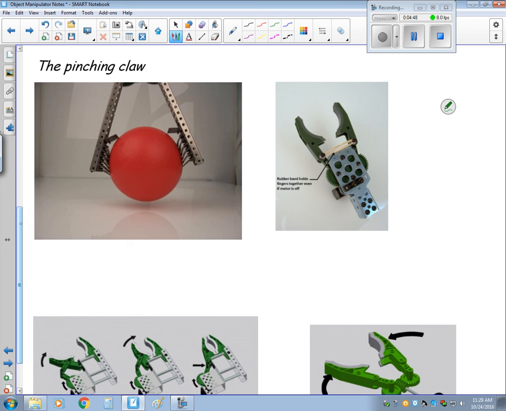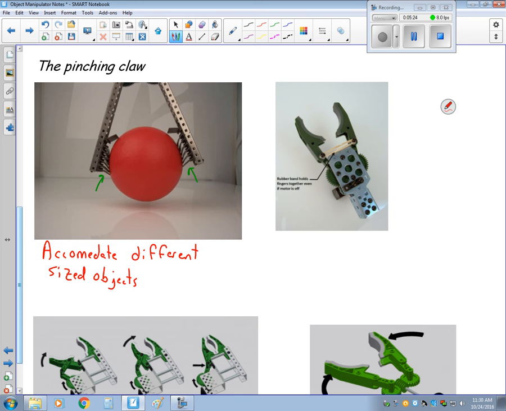So in this one, we just have these little paddles here that provide the friction here. What's nice about it is that it can accommodate different sized objects. You just have to make sure that it opens up wide enough.